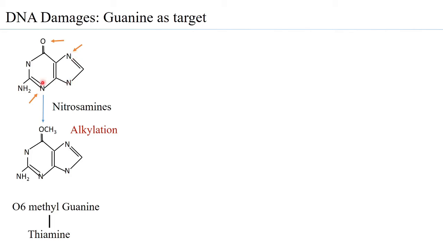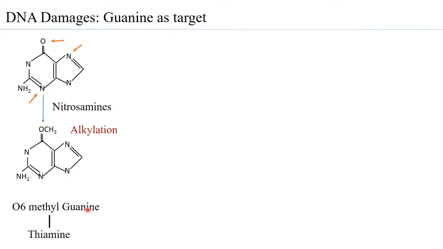So this is basically the 3rd, the 7th and the 9th position. And you also have this part of the guanine that can undergo alkylation. Let us consider that the alkylation has happened at this point, and what you're getting is OCH3. So this is alkylated, and what you get is O6-methyl guanine.